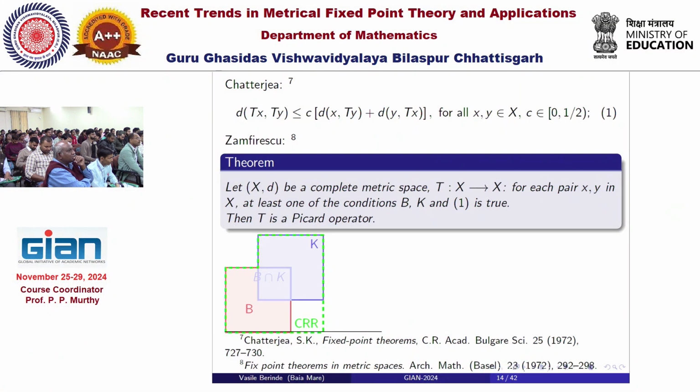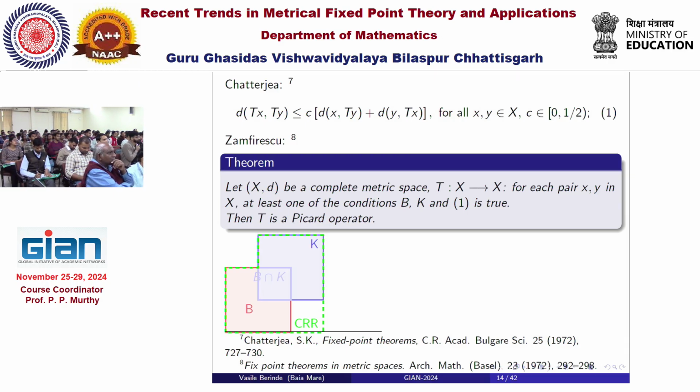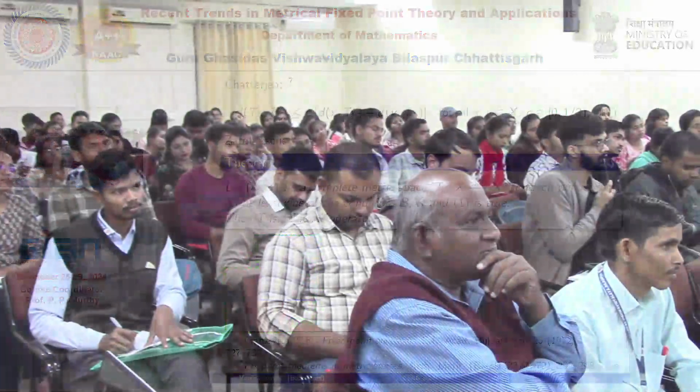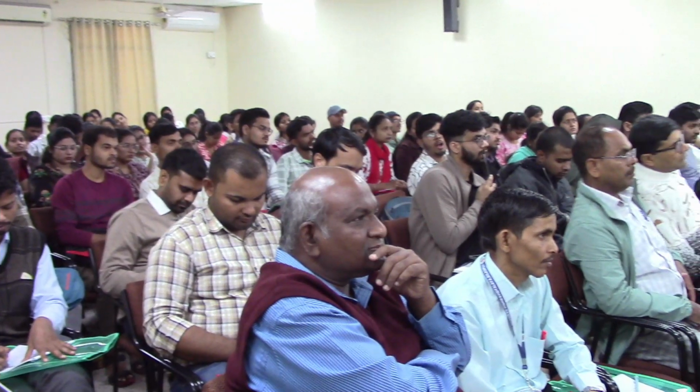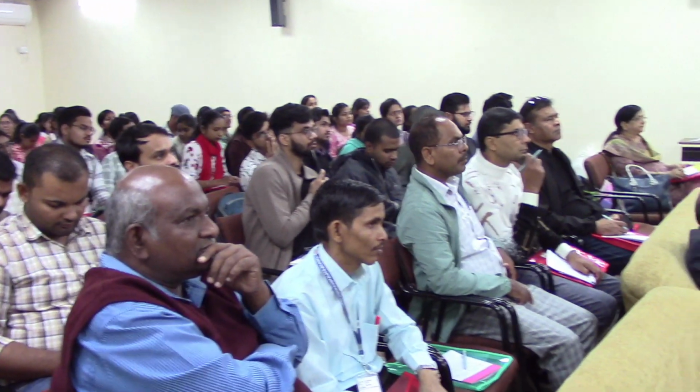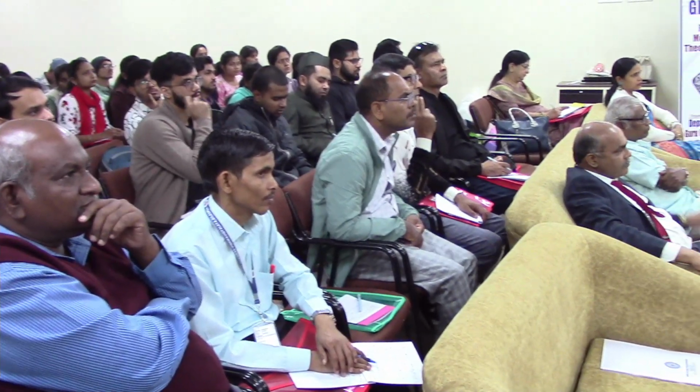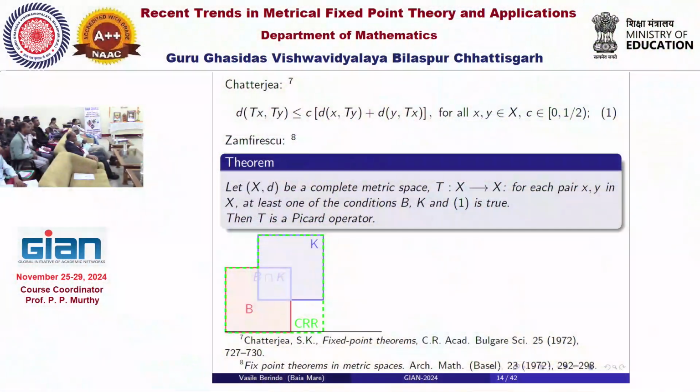He published in a journal of the Bulgarian Academy of Sciences in this year, and he used a kind of dual condition in comparison to Kannan. And he did the same. He showed we have the same condition.